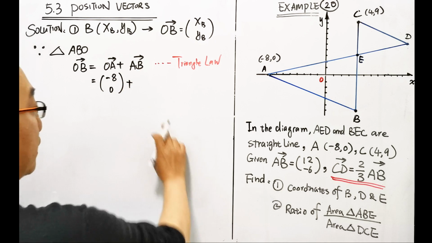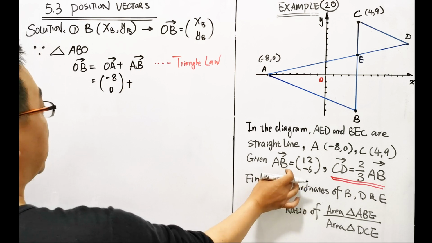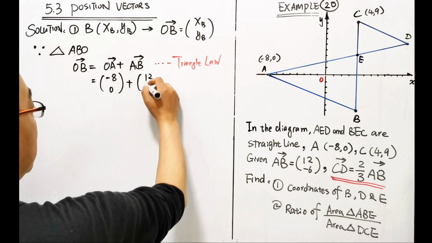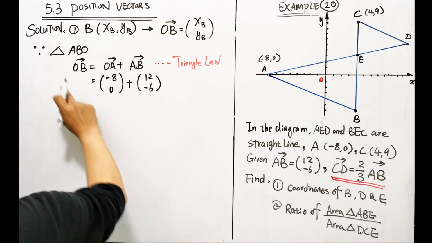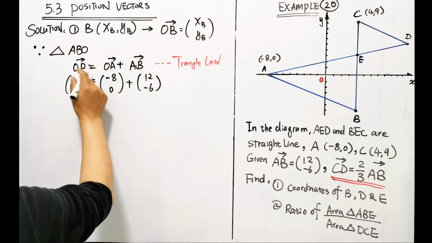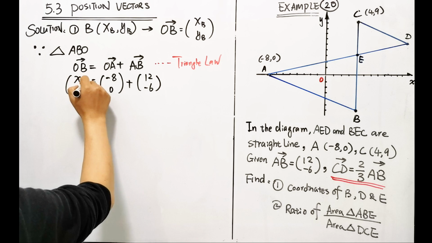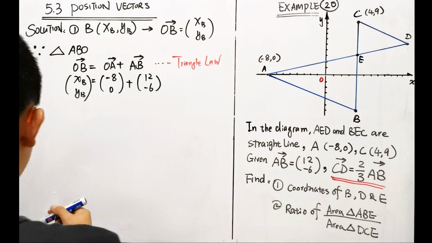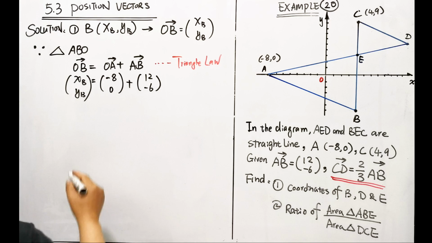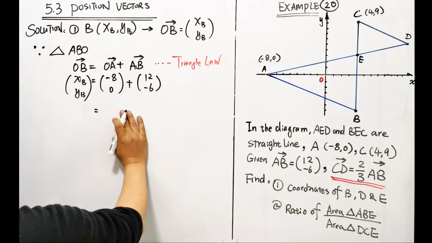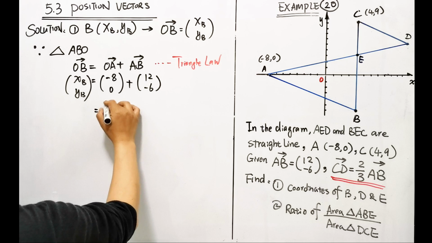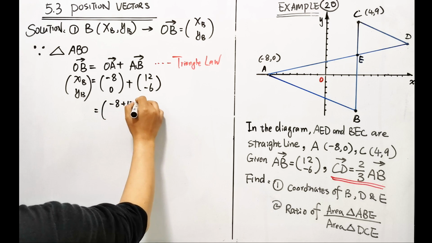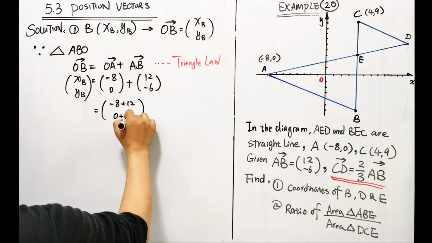AB is given as (12, -6), and OB is (XB, YB). So we just use simple addition of the two vectors: (-a, 0) plus (12, -6).